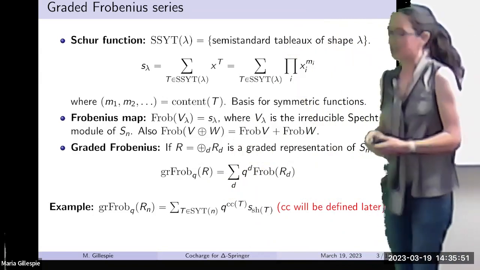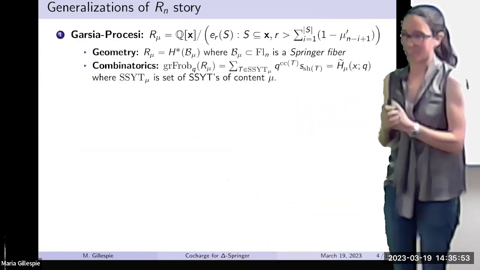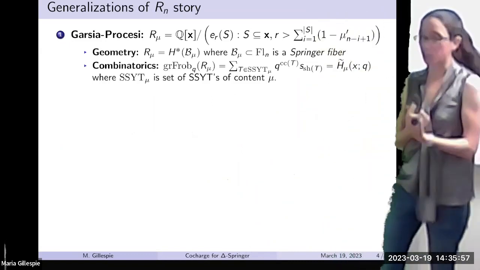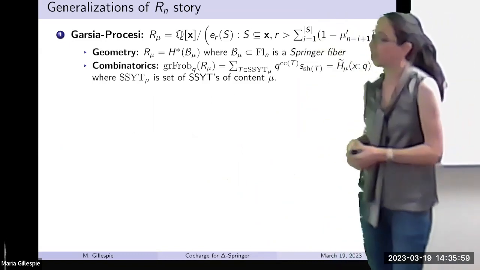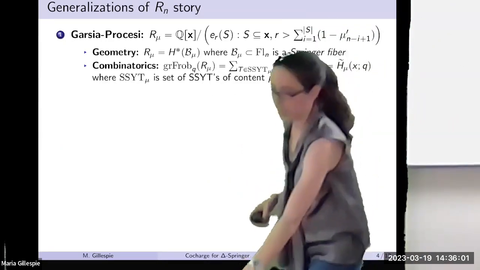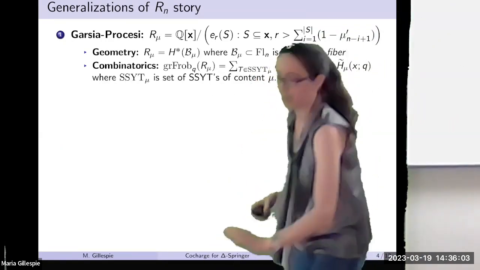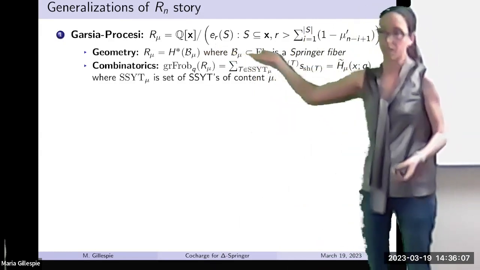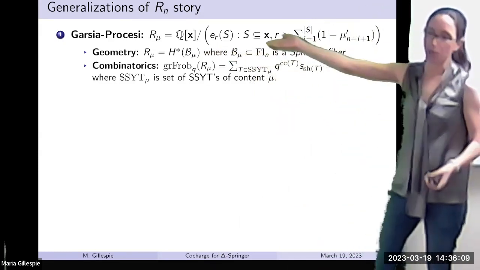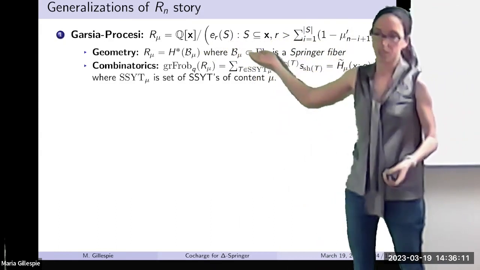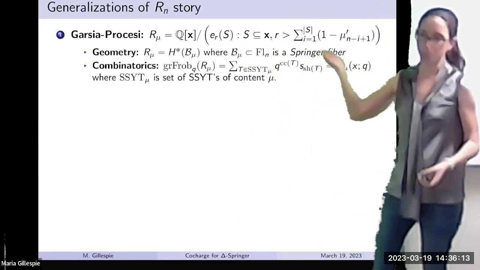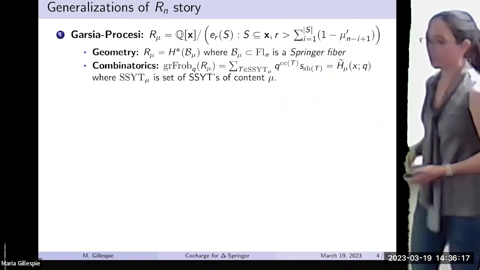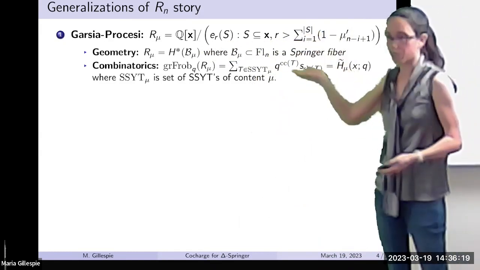Okay, so then let's generalize this Rn story to, first of all, the Garsia-Procesi modules, which we've also seen in this session one time. Raymond talked about a basis for these. These are R mu, and they're quotiented by more than just the elementary symmetric functions. You also have these partial elementary symmetric functions in subsets of the variables S with some bound on the degree. And there are connections again to geometry and combinatorics.